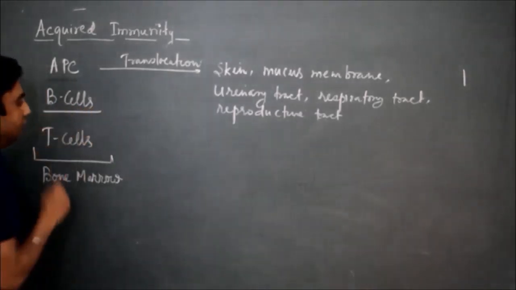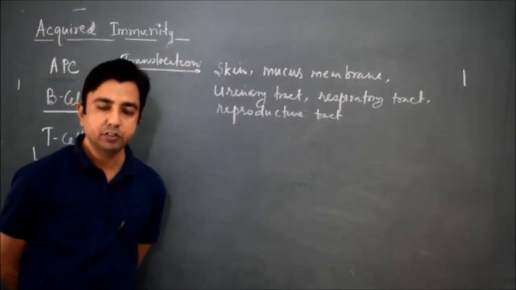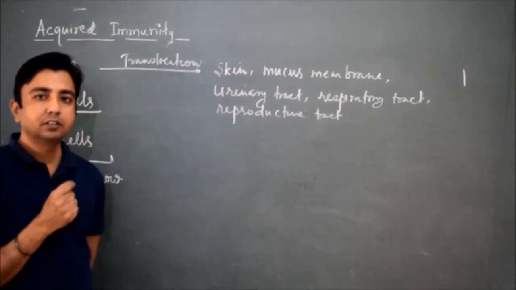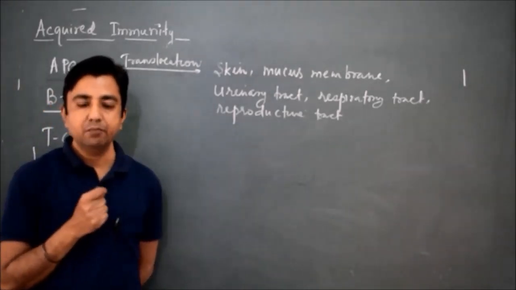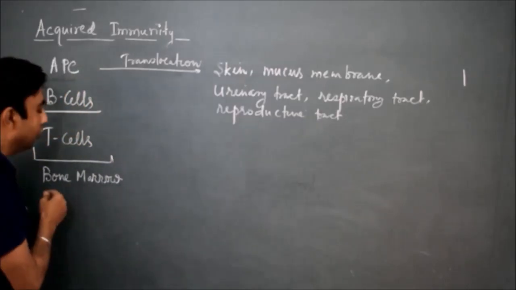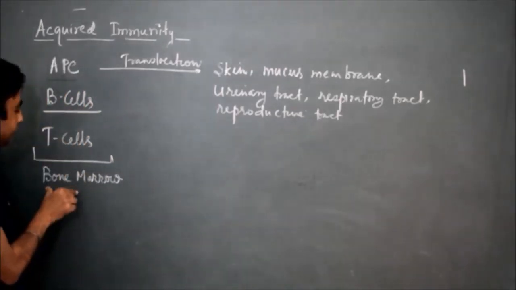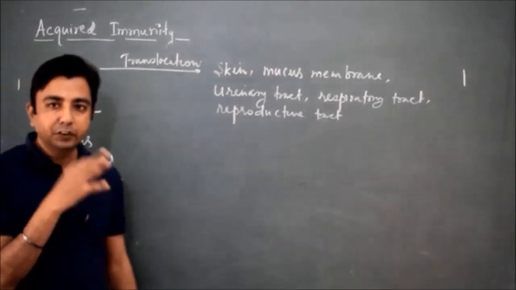Now let's talk about B cells. B cells are also called B lymphocytes. Their formation, maturation, proliferation and differentiation take place in the bone marrow. So the formation of B cells takes place in the bone marrow. Then these B cells mature.